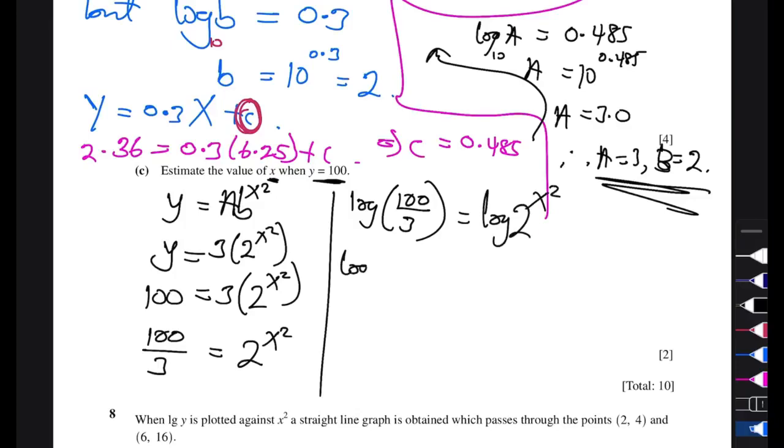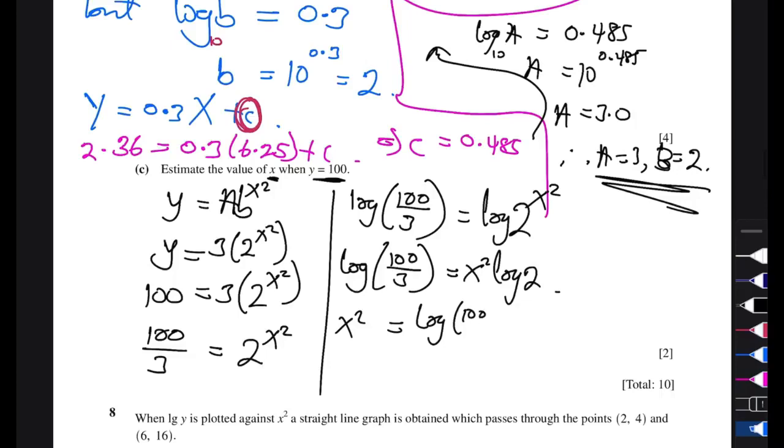So that will give you log 100 over 3 is equal to x squared log 2. So x squared is equal to log 100 over 3 divided by log 2.